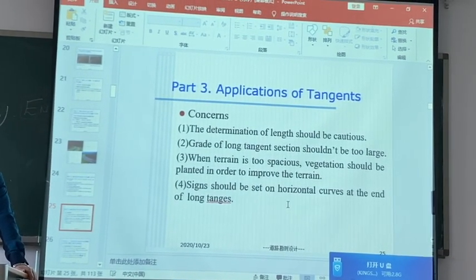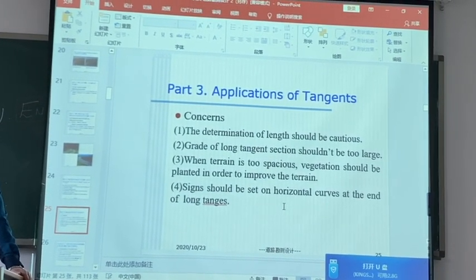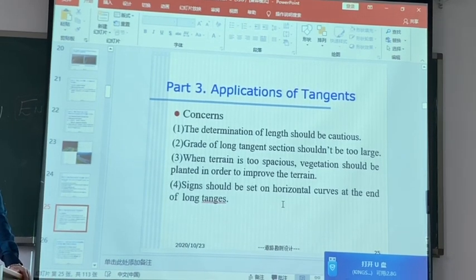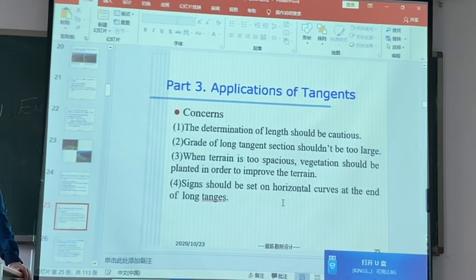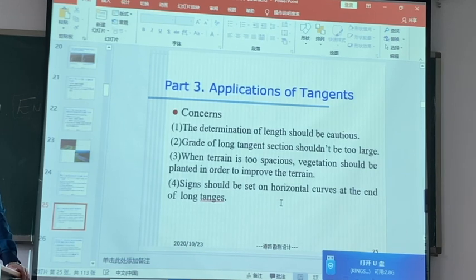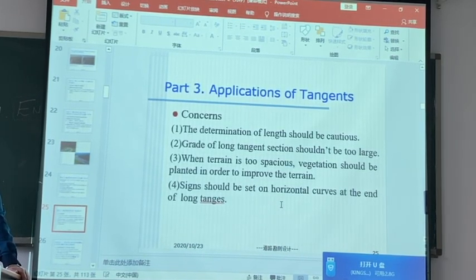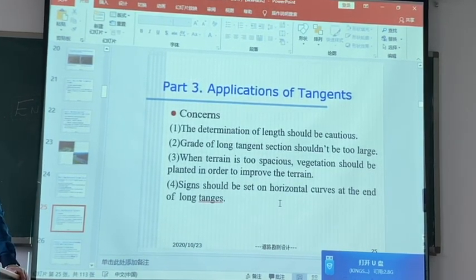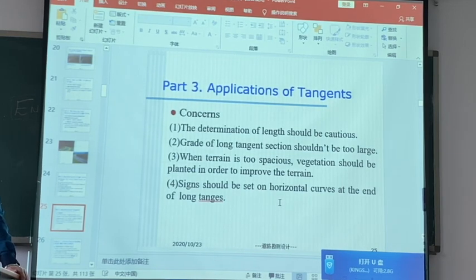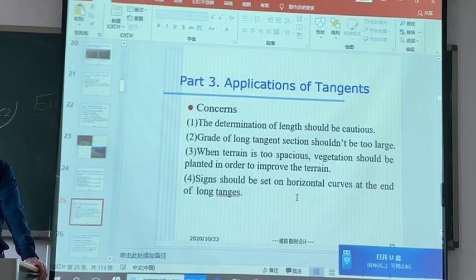The determination of length should be cautious. The grade of a long tangent section or long straight line section should not be too large.